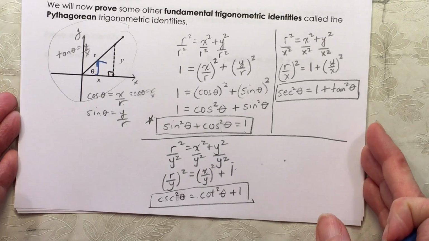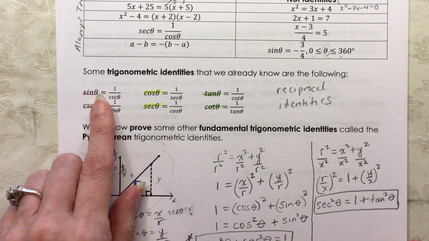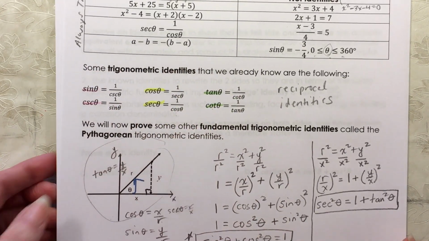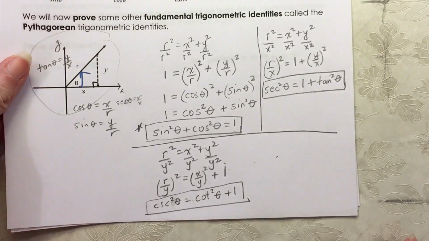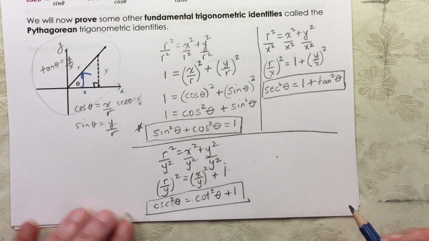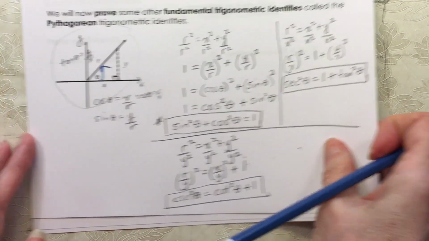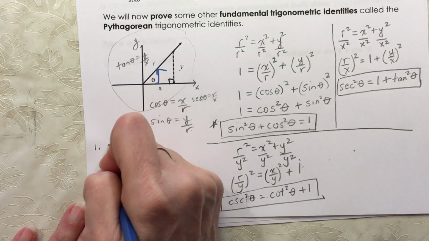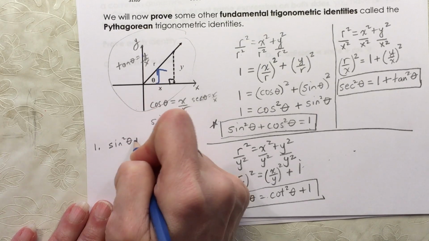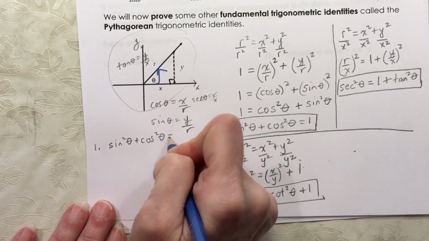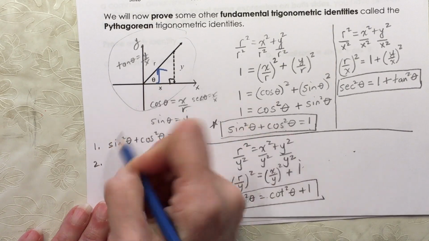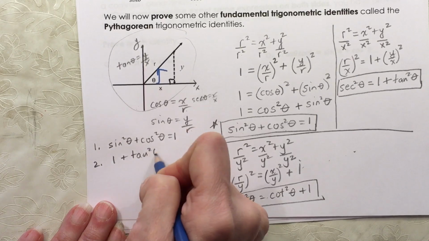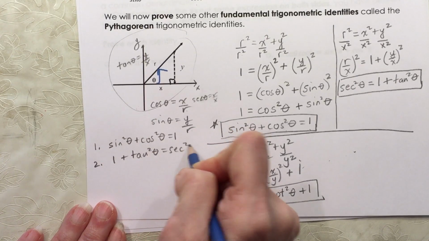So we've gone from these 6 we should know, the reciprocal identities, we should just know how they're related. And now we've got 3 new Pythagorean identities. So these are the Pythagorean identities. Write them all down in one place here. So sine squared theta plus cos squared theta equals 1. 1 plus tan squared theta equals sec squared theta.